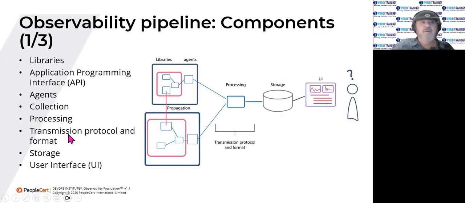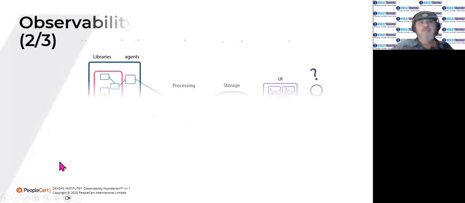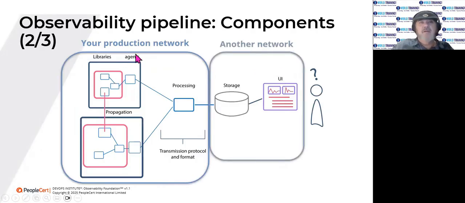You may have different protocols for transmission, and storage, which is where you're putting all the data before you consume it through a user interface. Again, this may be distributed across different networks. Typically, the production network will have your running applications if it's deployed code, and there's a network for administration or an SRE network, for example, where you're working with the data and the displays of the data.